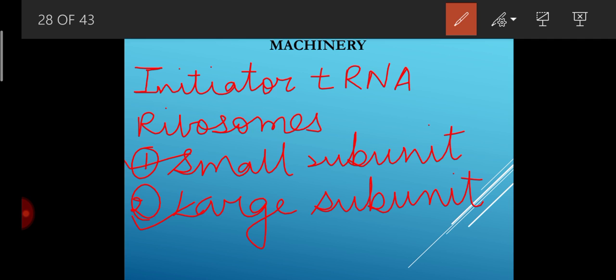Ribosome also acts as a catalyst. 23S rRNA in bacteria is the enzyme ribozyme for peptide bond formation.